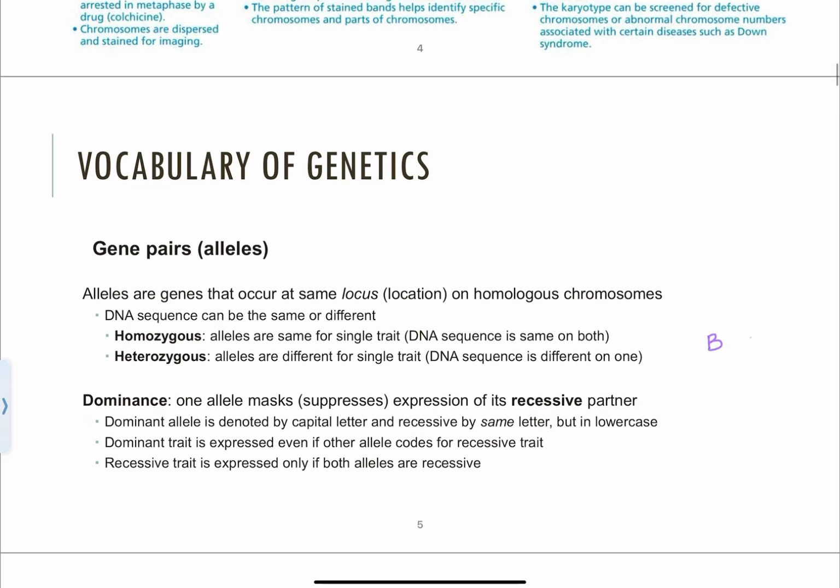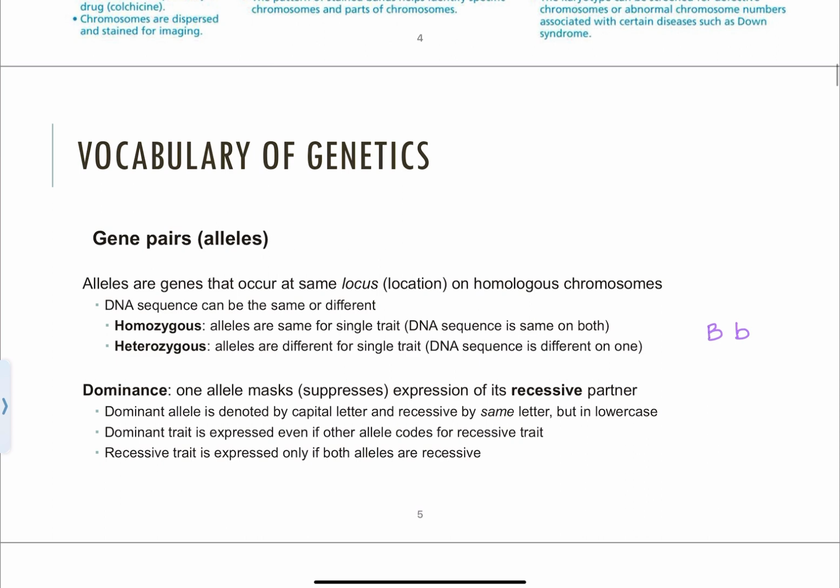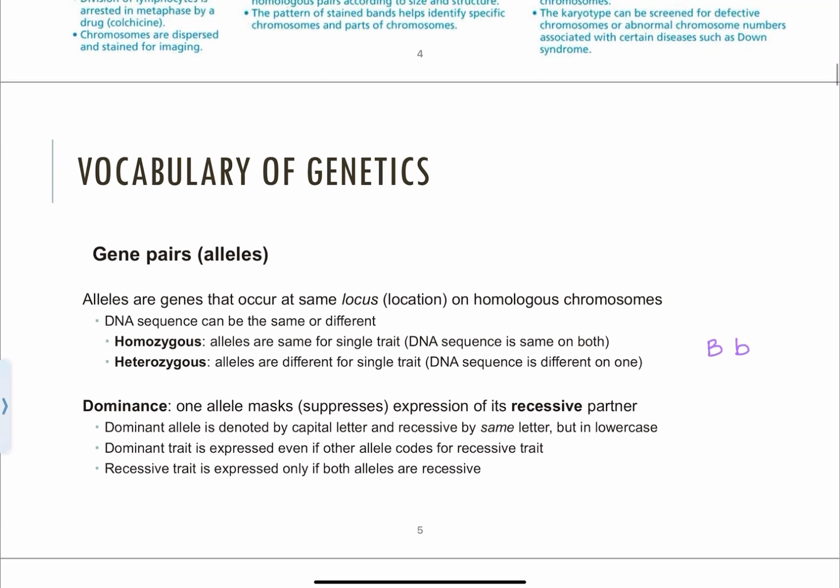So for example, if we're talking about, let's say, eye color, and let's say brown is dominant to green. So what we're going to do is we're going to choose the letter of the dominant allele. So if we have brown eyes and we have green eyes and brown is dominant, we would pick a capital B to represent our dominant brown allele, and we would choose a lowercase b to represent the green allele for eye color.